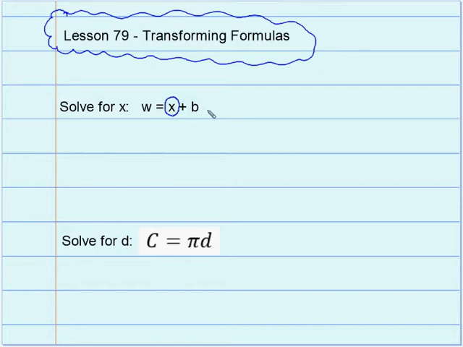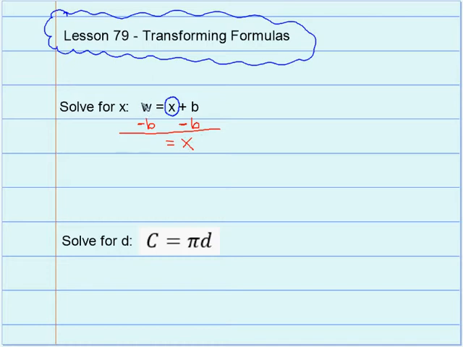Well, I'm adding b. So in order to isolate x, I need to subtract b from both sides. Okay, so this side is just x, because a positive b plus a negative b would be 0. That's a lot of b's.